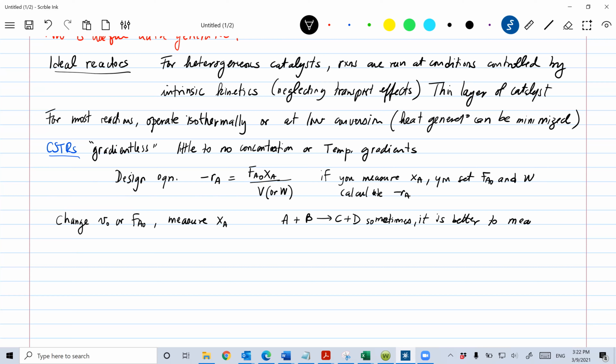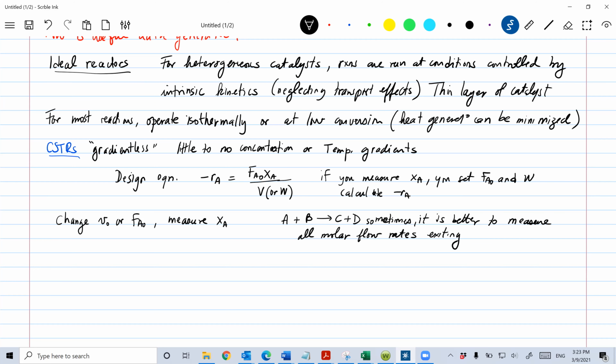Because there could be additional reactions, and that goes back to chapter 1, and we'll go back to that again in chapter 7, so that you can account for additional reactions that could occur or degradation.